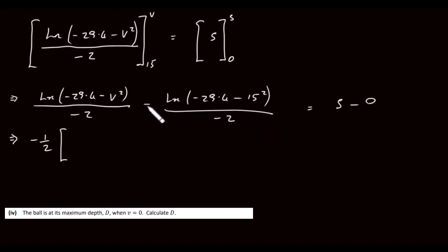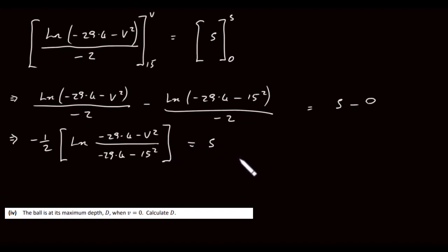So the log of something minus the log of something is just going to be the log of the first one, minus 29.4 minus v squared, divided by the second term here, which is minus 29.4 minus 15 squared. So I've done two things at the same time there. I've factorized out this minus 2, it's actually minus a half, and then I've combined these two logs using the laws of logs. On the right hand side then I've just got s.